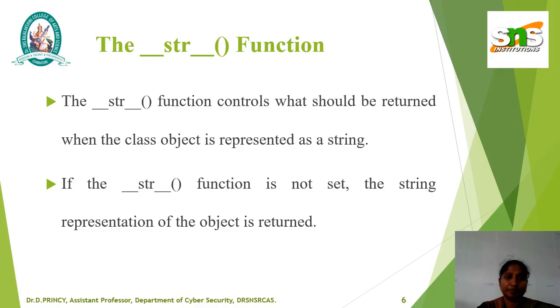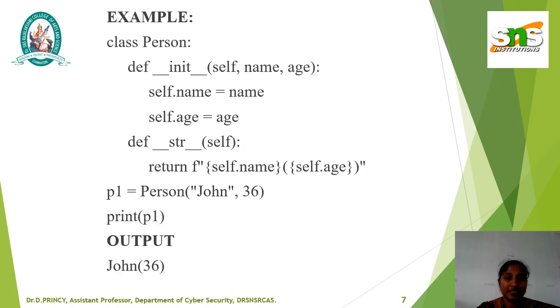The __str__ function. The string function controls what is returned when the object is represented as a string. Generally, the value we pass is returned as it is, but if you want it returned as a string, you can use the string function. It is not the object itself but the string representation of the object that is returned. See here, the initialization method we have already seen, with no changes.